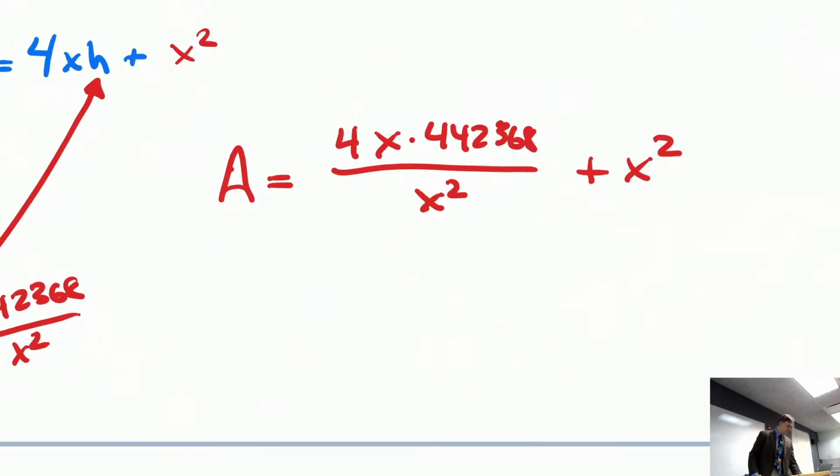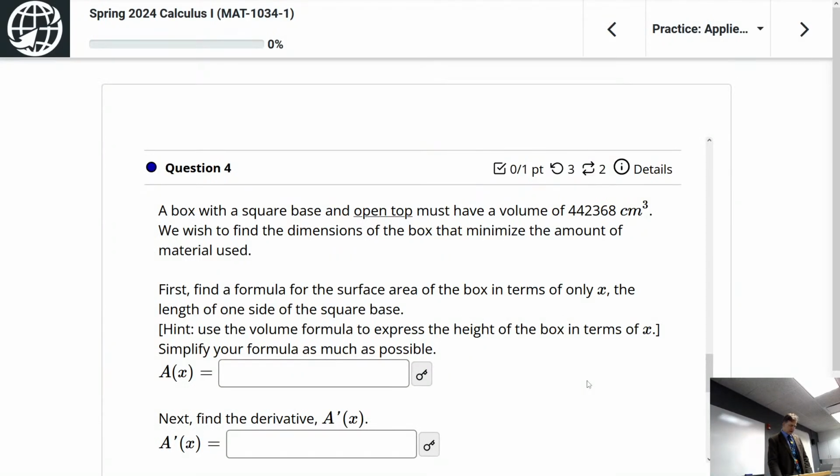Let me type this in, then you can see exactly what I'm doing. So over here, we're going to type it right there. Come on, buddy. Where's that mouse? There it is. Okay. So I'm going to type 4x times, oh, why is it not typing?